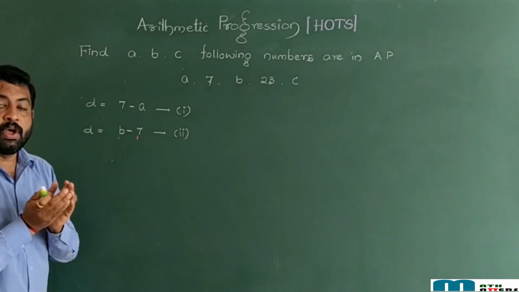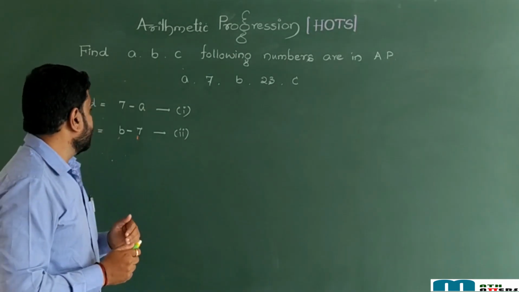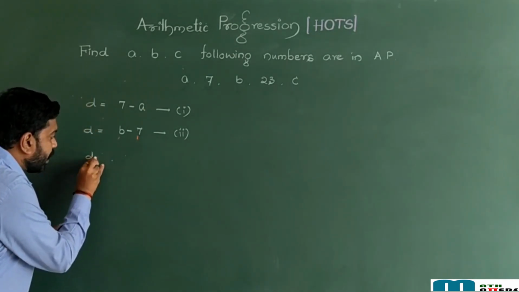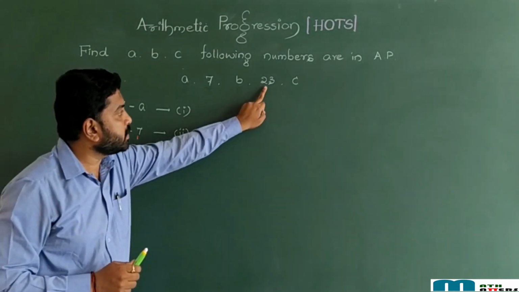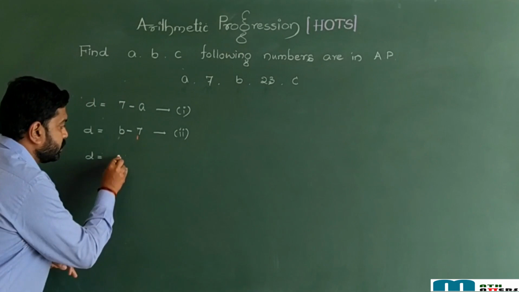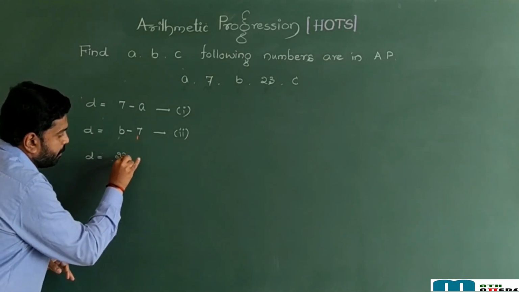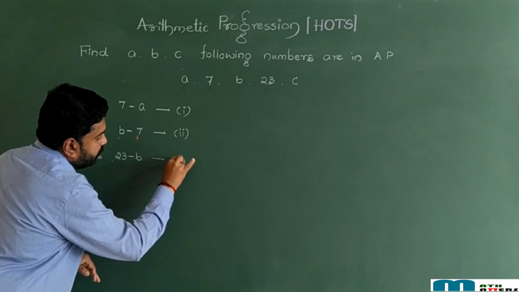As per the usual procedure, whatever we did in the previous problem, the same we are doing. Next, d can be calculated with the help of a4 minus a3. A4 is 23, a3 is b, that means 23 minus b. I call it equation number 3.